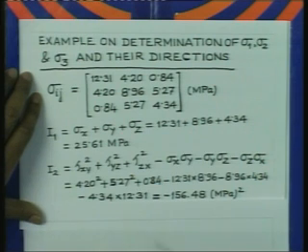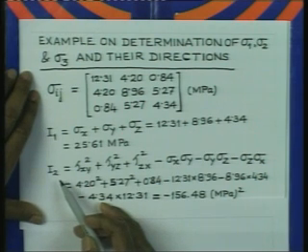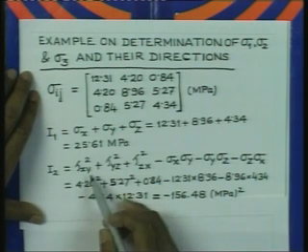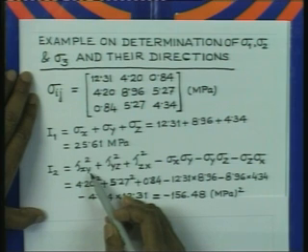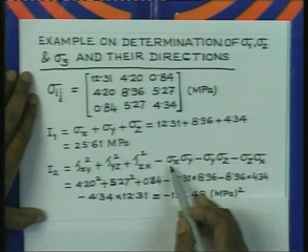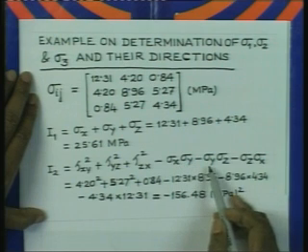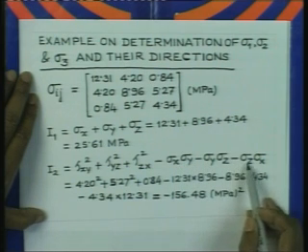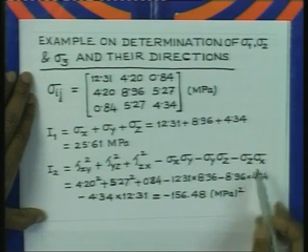Similarly, if you consider the second stress invariant I2, it is given by tau xy square plus tau yz square plus tau zx square minus sigma x sigma y minus sigma y sigma z minus sigma z sigma x.